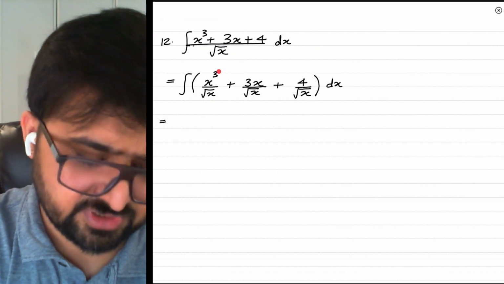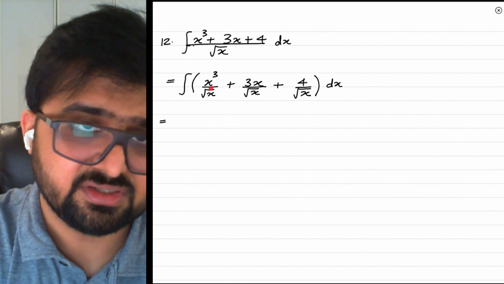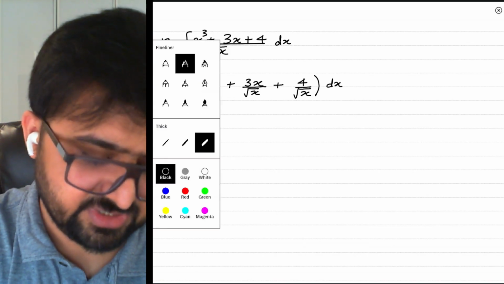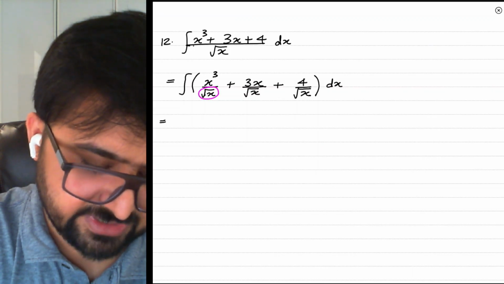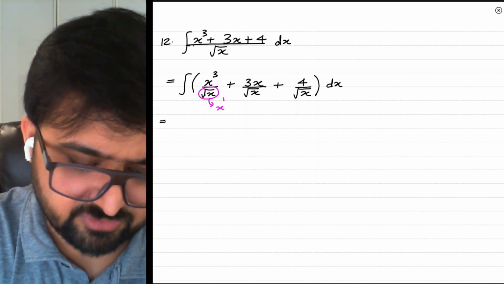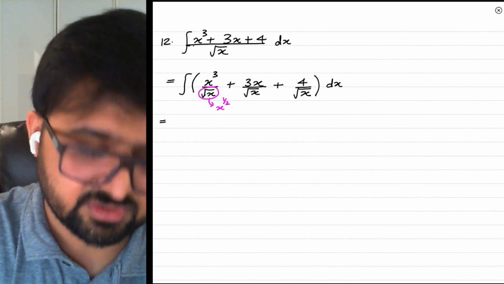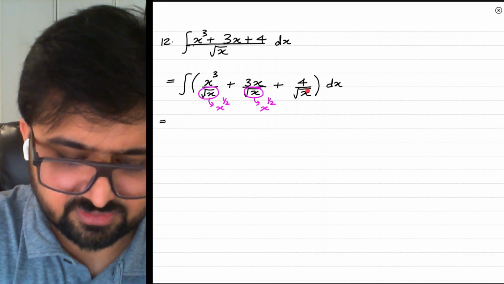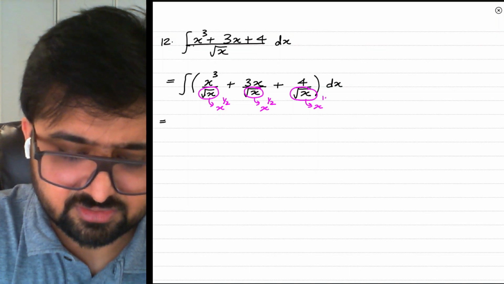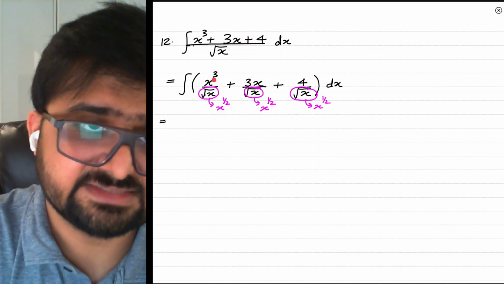next, now this is x to the power 3 and this square root of x is nothing but x to the power half. Okay, so remember this square root of x is x to the power half. Even here the square root of x is x to the power half. Now you can apply the law of indices here.